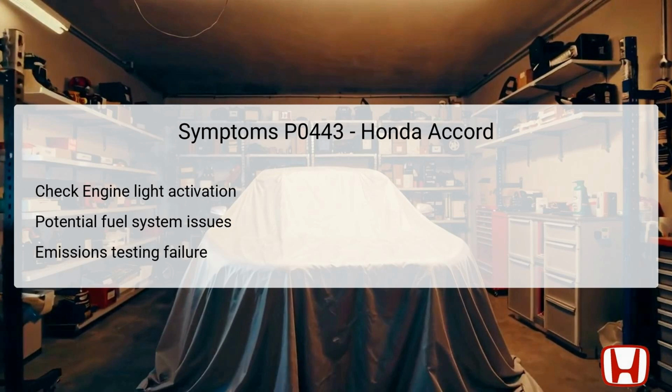Additionally, drivers may experience issues with the fuel system, such as rough idling or starting difficulties, as the air-fuel mixture may not be optimally controlled. Lastly, a malfunctioning Evap system can cause the vehicle to fail emissions testing, which can lead to legality issues in certain regions. Addressing DTC P0443 promptly is essential to maintaining both vehicle performance and regulatory compliance.